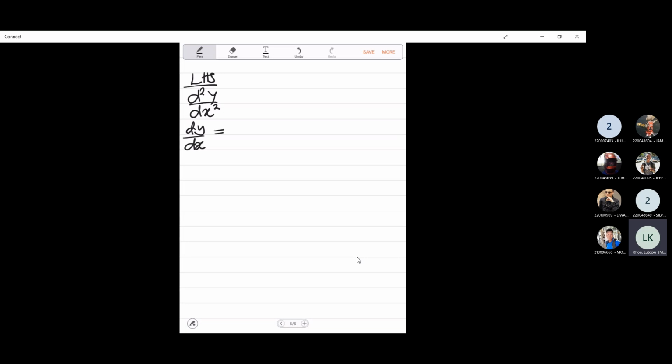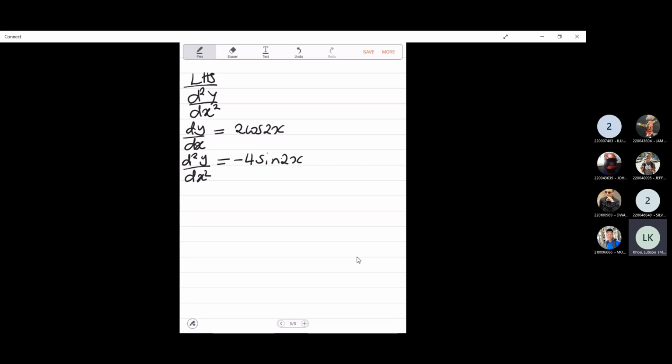So dy dx is 2 cos 2x, and then d2y dx2 is negative 4 sine 2x. Okay, so that is what we have.